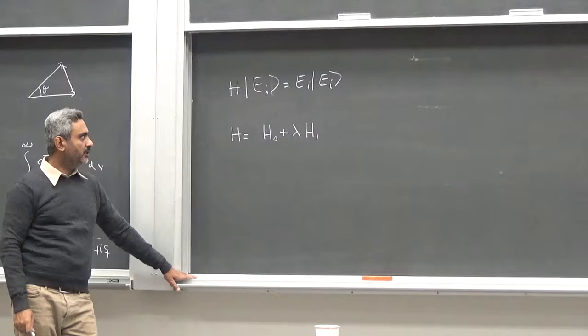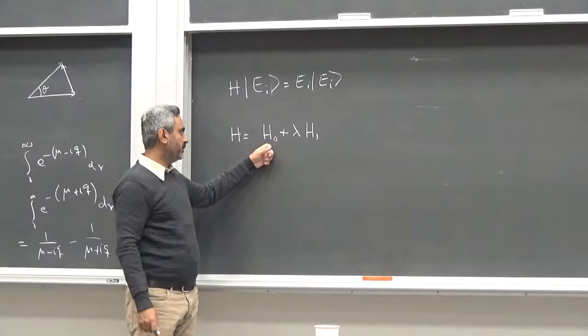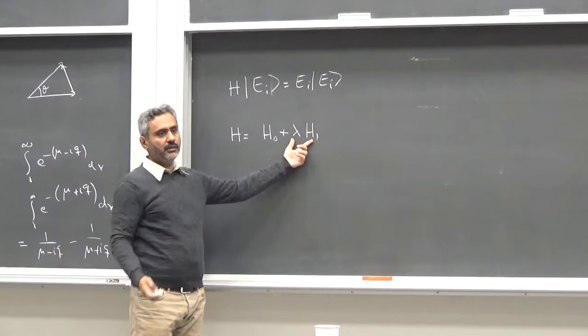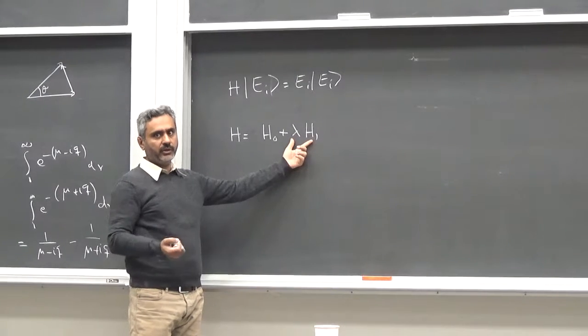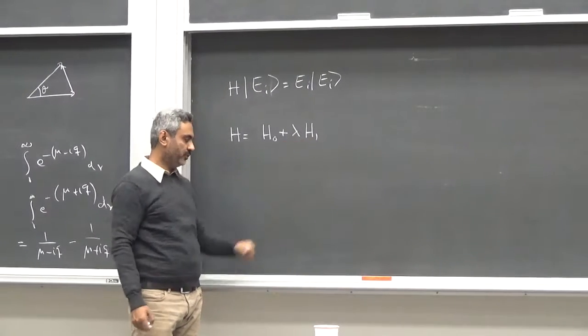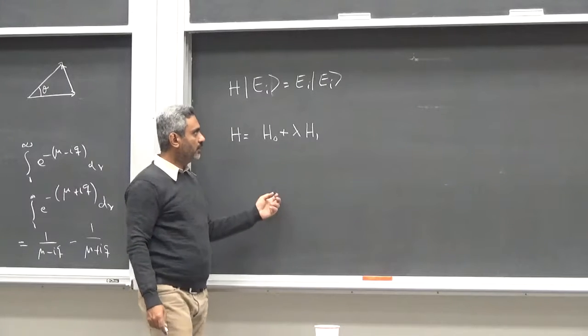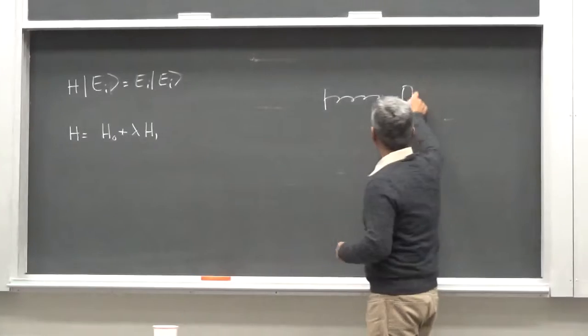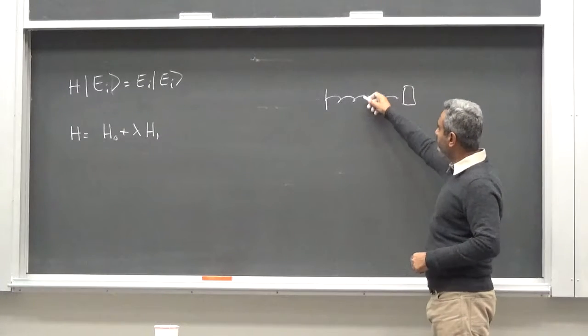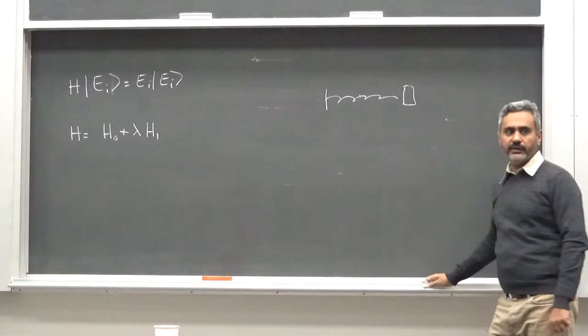For example, this could be the simple harmonic oscillator put in a small electric field. The simple harmonic oscillator might have a charge, or the spring that you're using for the simple harmonic oscillator has a small defect somewhere in there.